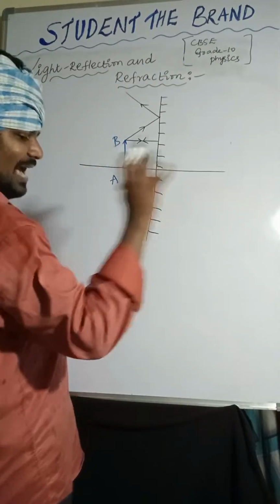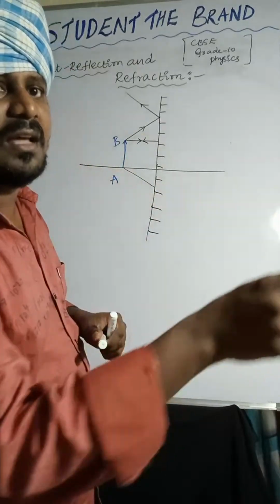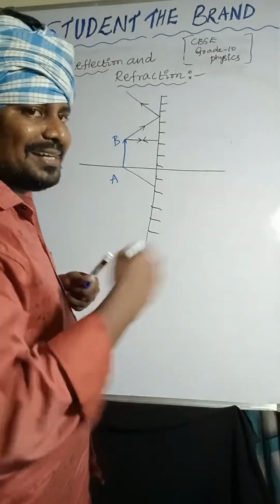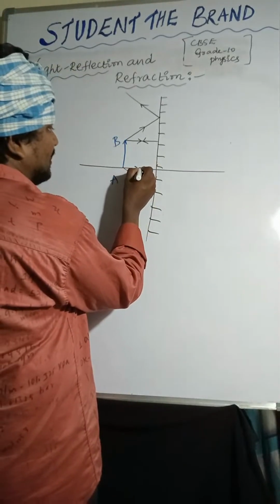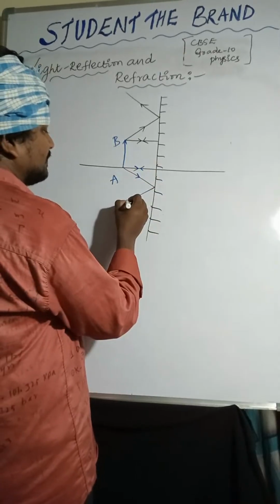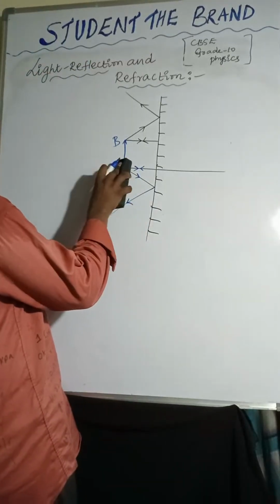As I said, if the light ray moves along the normal line, it reflects back into the same path, so it retraces its original path. It reflects back here also. Yes or no? Yes.